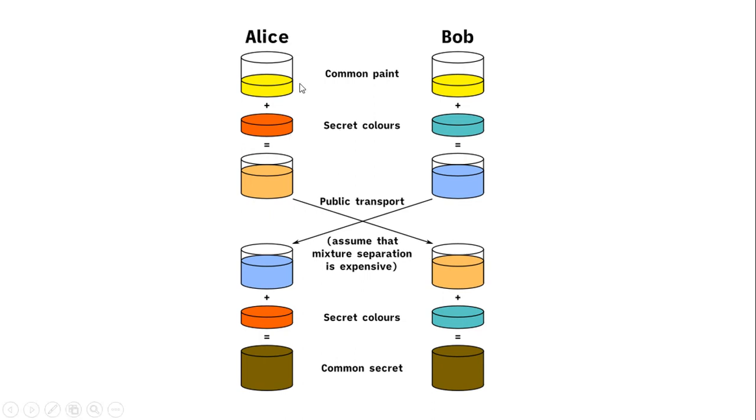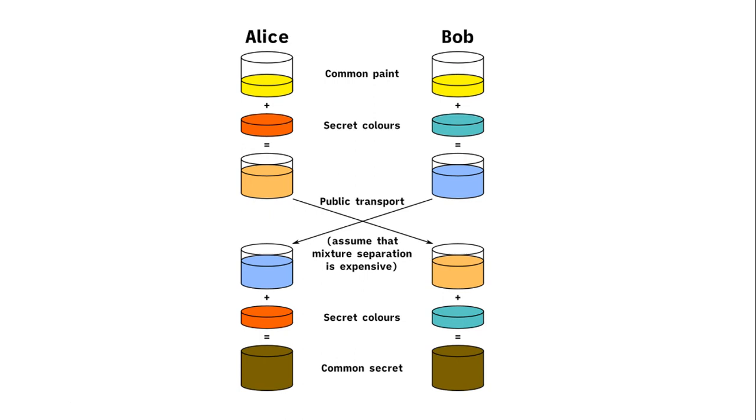You combine the colors together to get the public paint, and then combining back with our secret color, we get back the same paint. So using the paint job example, we get a feel of how this idea of public key, private key works.